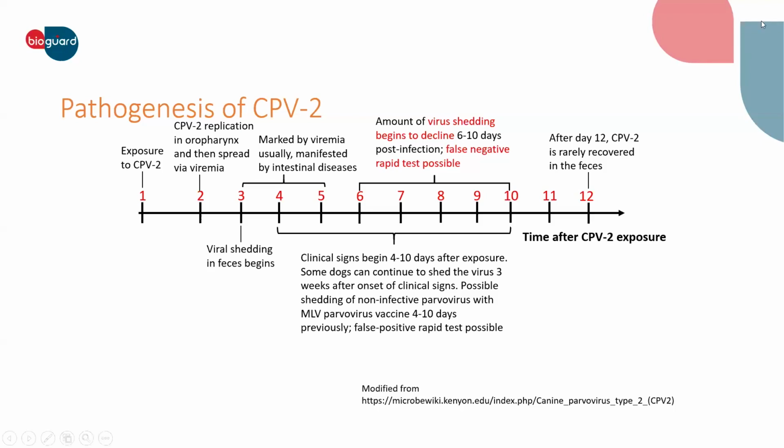So that's why it may cause the false negative reaction. And then after day 12, the CPV2 may rarely be recovered in the feces. However, if we use the PCR or real-time PCR, because of the high sensitivity, it has a better detection limit. So at that time, using PCR or real-time PCR, we can still detect the CPV infection.